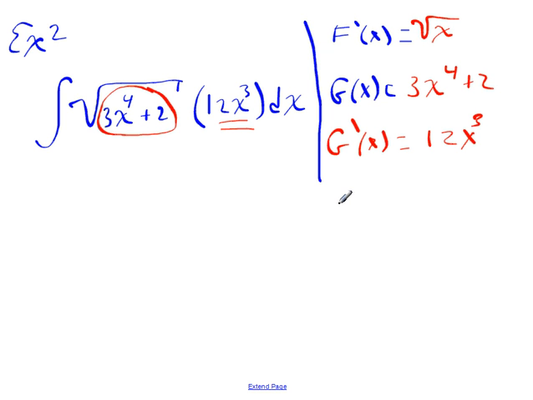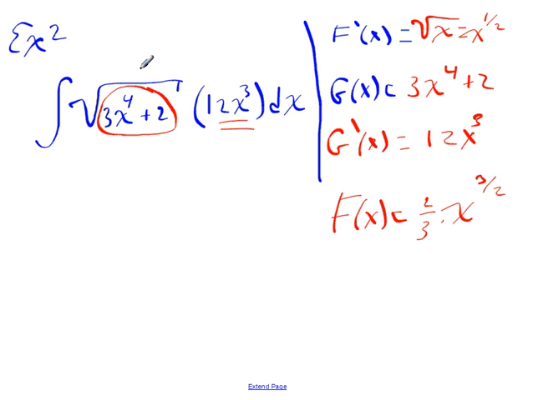So therefore, what would be f of x? What's the antiderivative of root x, or written in a slightly simpler way, x to the 1/2? Well, that's going to be x to the 3/2, and then we have to multiply by 2/3.